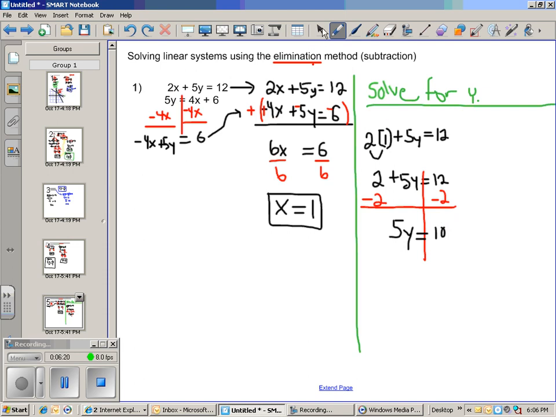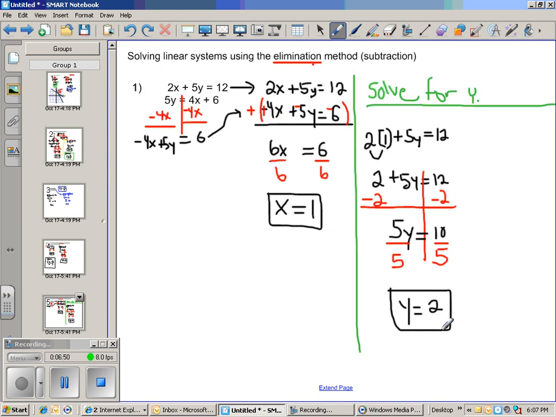Now we're looking at a 1-step algebra problem. This is 5 times y, so we're going to divide both sides by 5. And the 5's will reduce down to 1, or we like to say just y. 10 divided by 5 is 2.